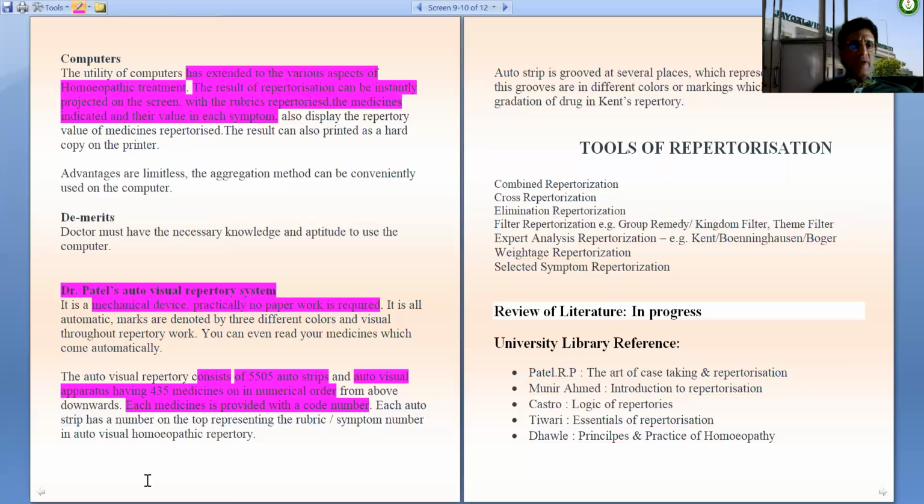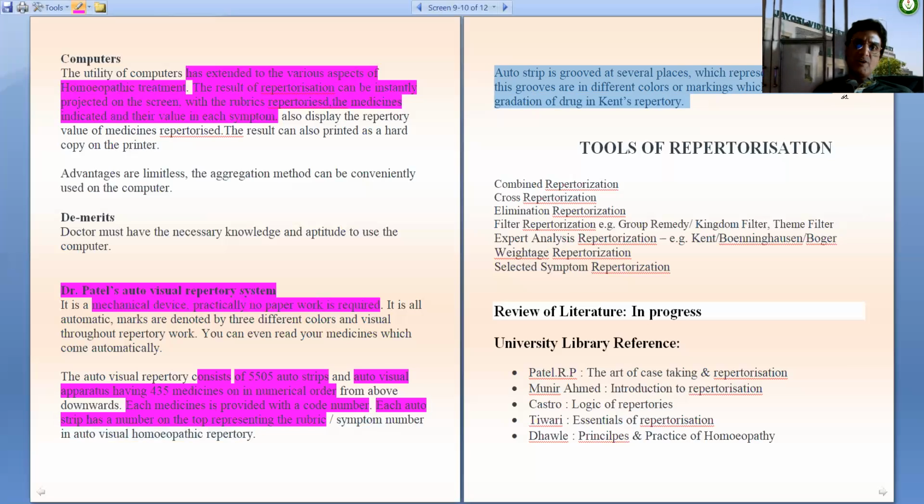Each auto strip has a number on the top representing the rubric. In this auto-visual homeopathic repertory, the auto strip is grooved at several places which represent the medicines. These grooves are in different colors or markings which indicate the gradation of drug in Kent's repertory. So this auto-visual repertory is based on Kent's work.